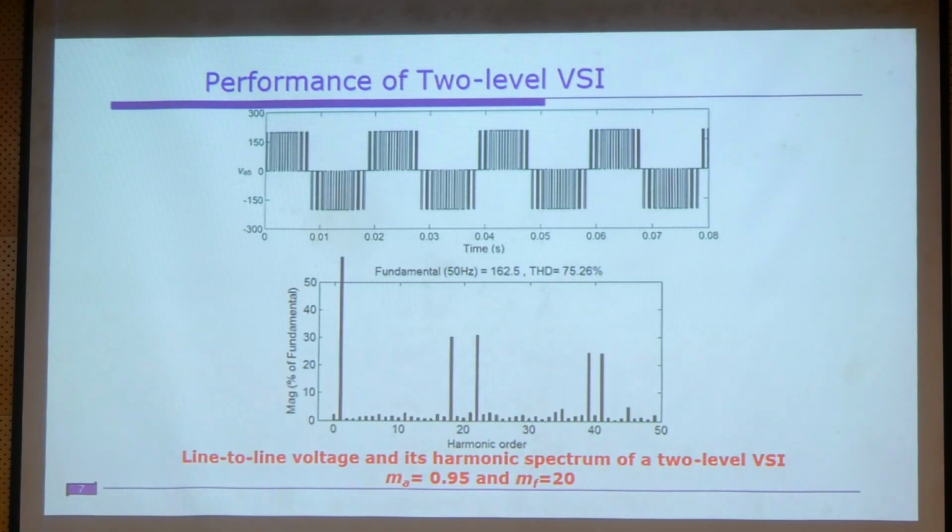And the main drawback of the two-level inverter is its harmonic content. Normally, if you are using a motor drive, the motors are designed to take a sinusoidal input. Any deviation in the sinusoidal input results in torque pulsations, speed fluctuations, or power fluctuations.